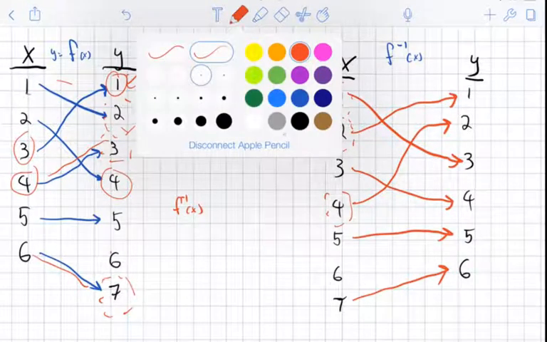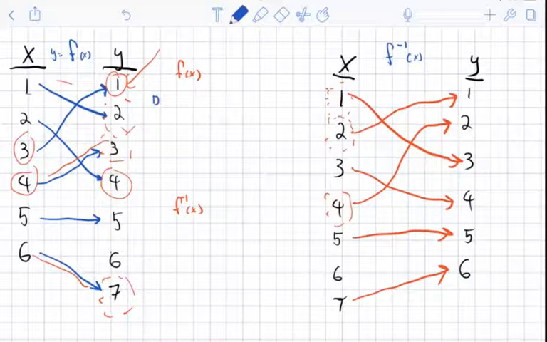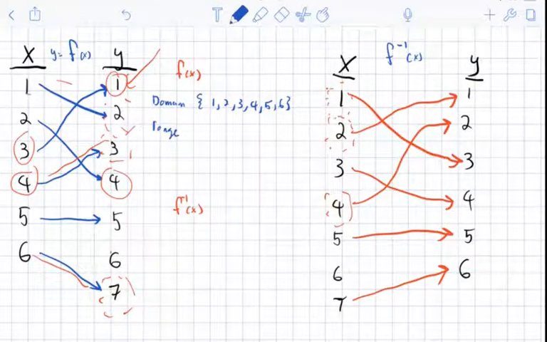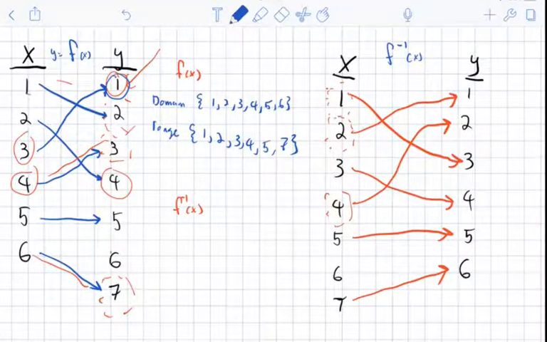For our original function, the domain is 1, 2, 3, 4, 5, 6, while its range, all of the numbers that are attached at the end of an arrow, is 1, 2, 3, 4, 5, 7, whereas the range and domain of the inverse function are literally going to be switched.